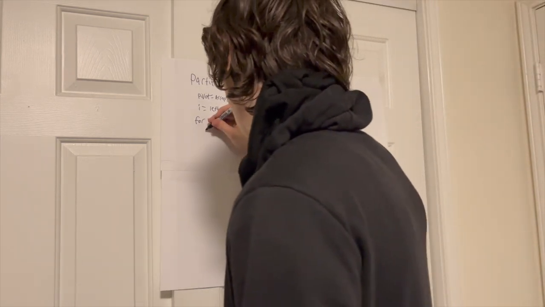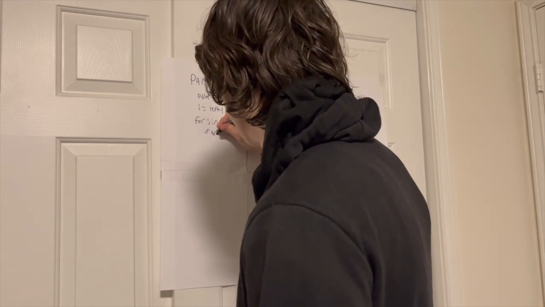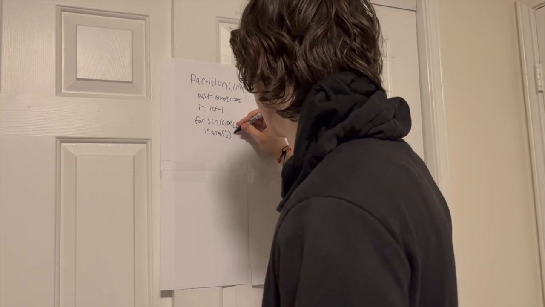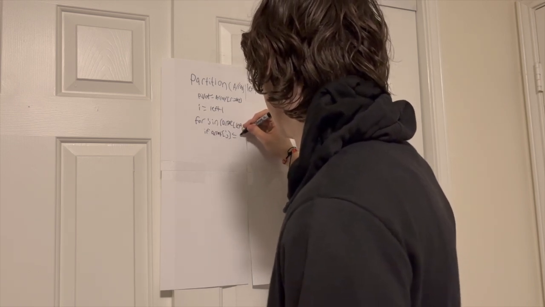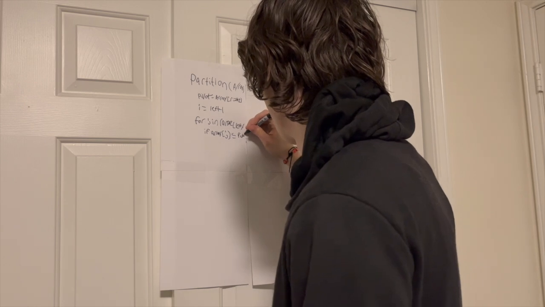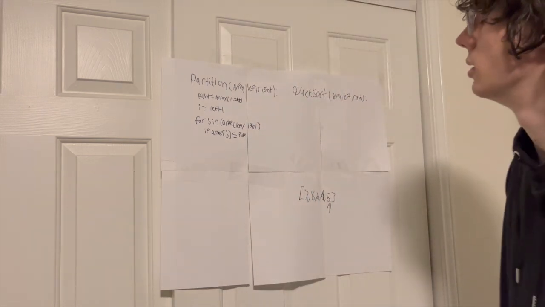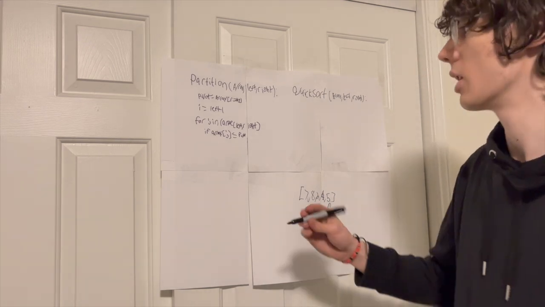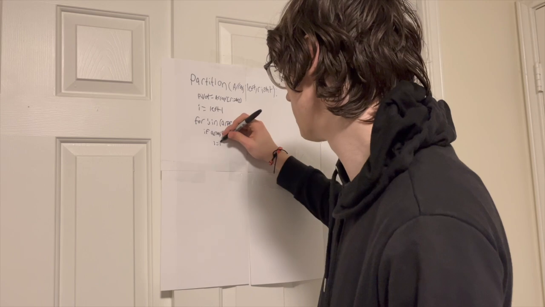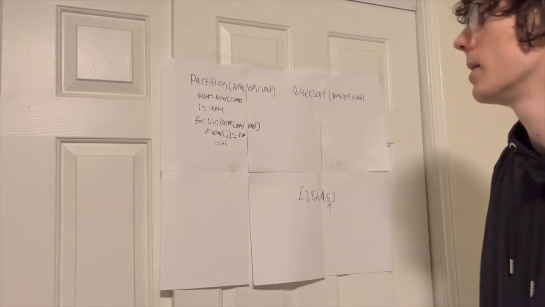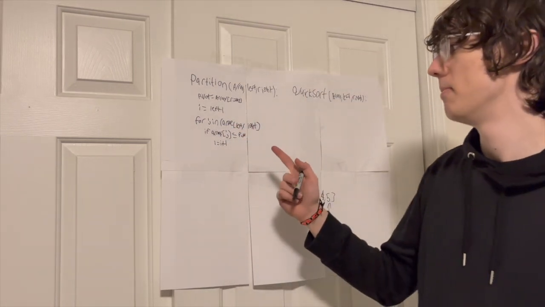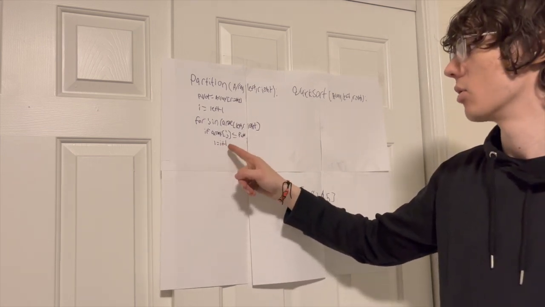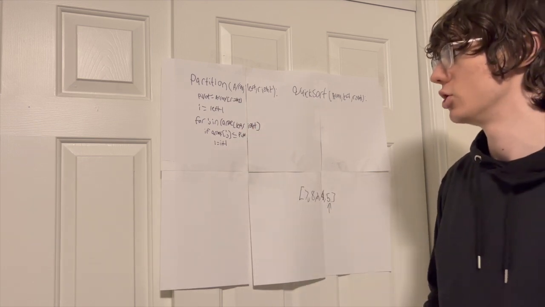So we'll say if array j is less than or equal to pivot, because 5 is our pivot, we are going to first increment our i value. So we'll say i equals i plus 1. And then next we're going to swap the element at array i and the element at array j.